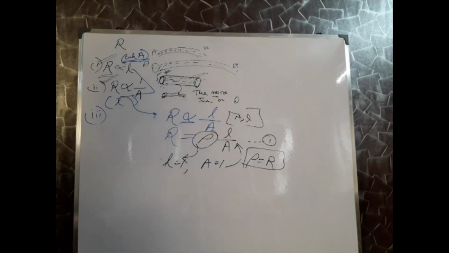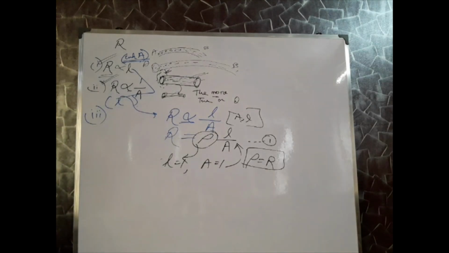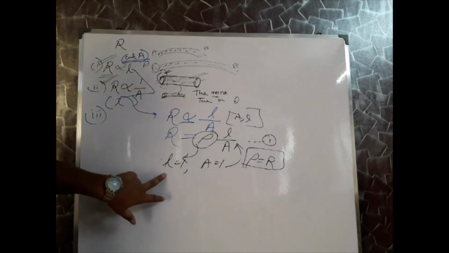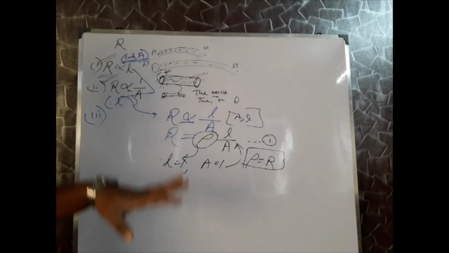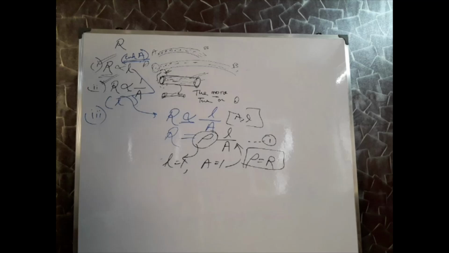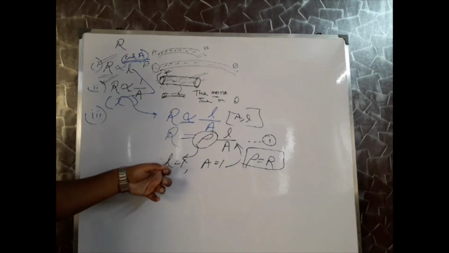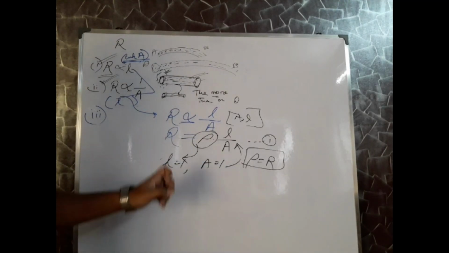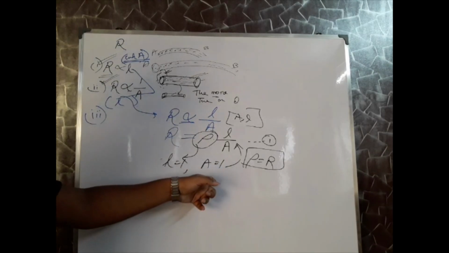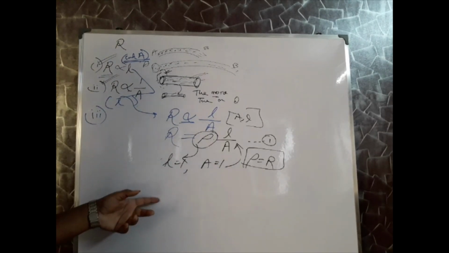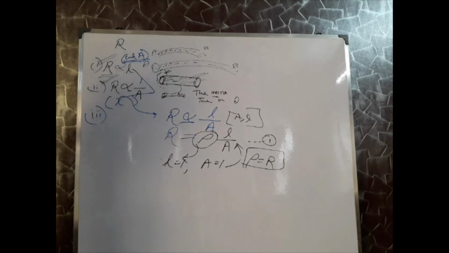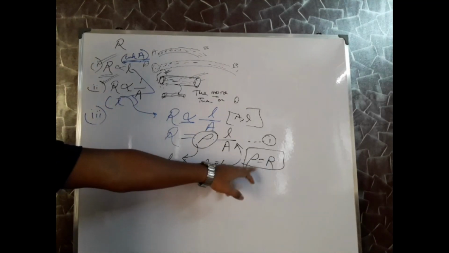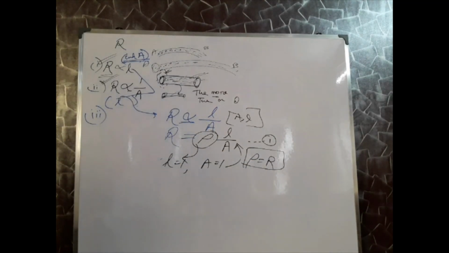That means when any conductor or any electric wire has a length of exactly 1 centimeter, or it can be another unit also, 1, and also the area is unit area, the resistance of that wire or conductor is simply called the resistivity or the specific resistance.